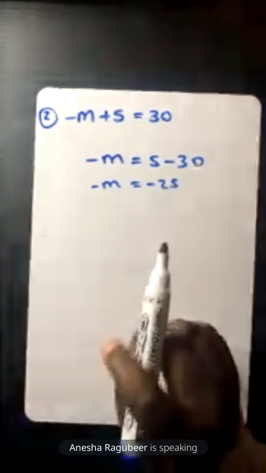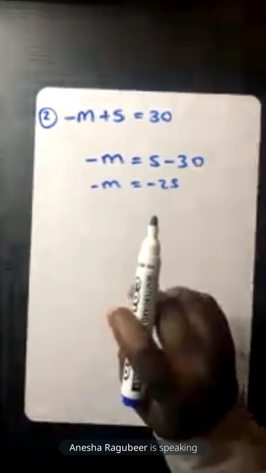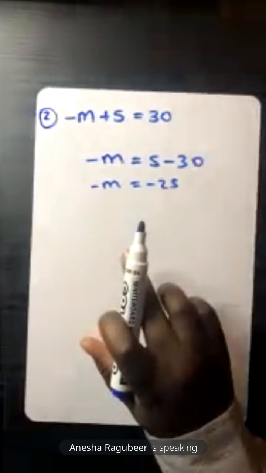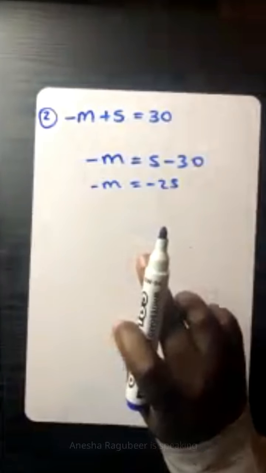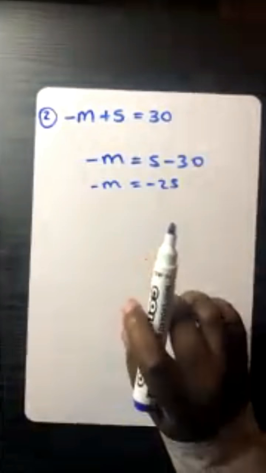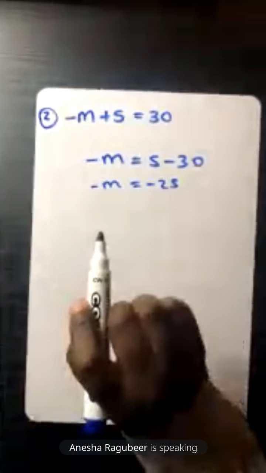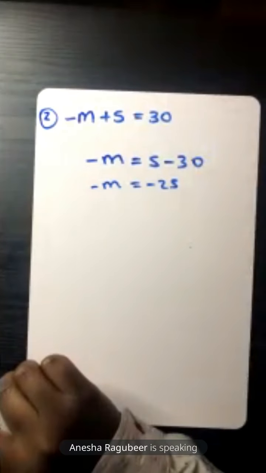No, you only change when you transpose, but m you are not transposing. So on that statement, whatever number is left, you write it as it is. Yes, sir.